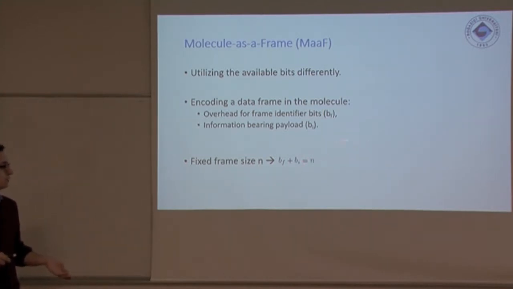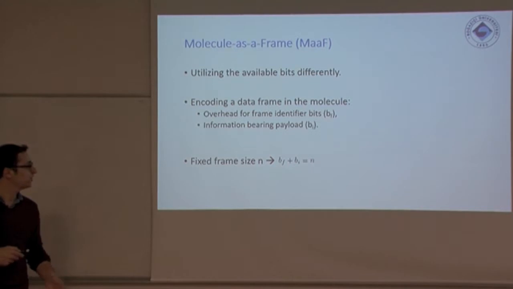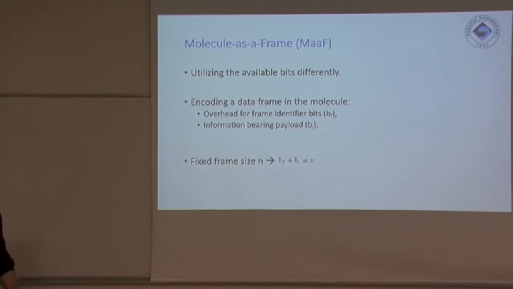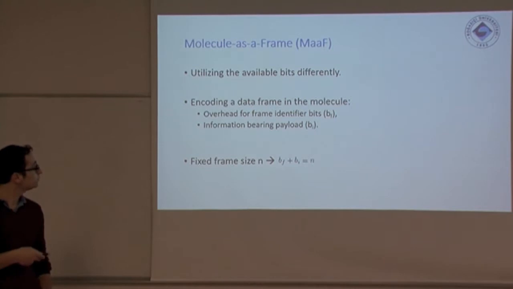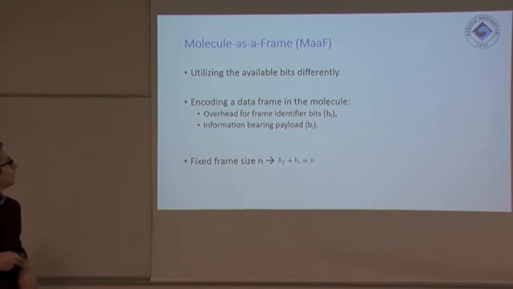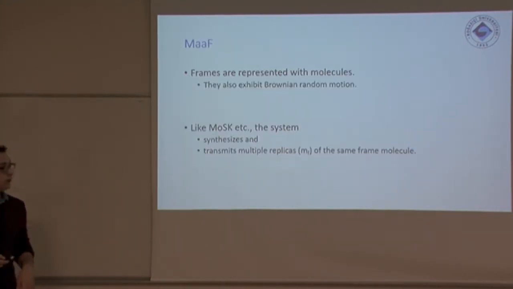The frame size is n throughout this presentation, the number of frame identifier bits is called BF, and the information-bearing payload length is called BI. So the sum of them gives us n. I'm sorry. So frames are represented with molecules. That's a really big thing.